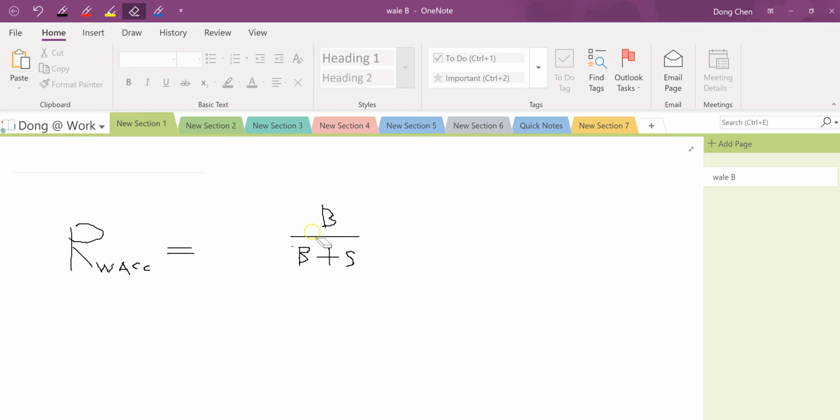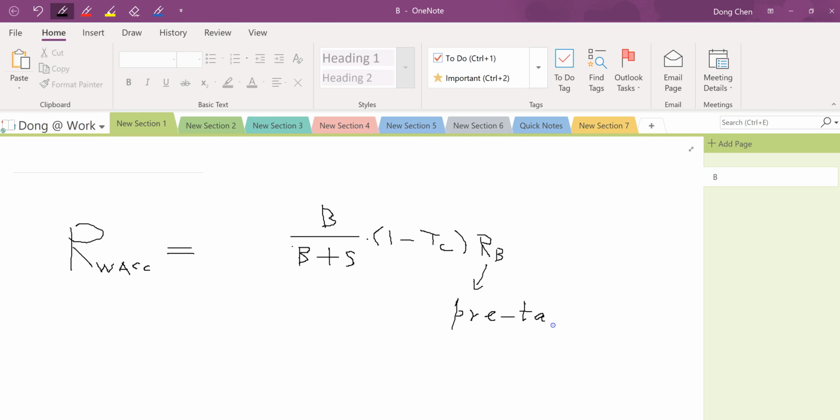So this is the market value based debt ratio, and then times 1 minus the tax rate, and then times RB. RB here is simply the pre-tax cost of debt.